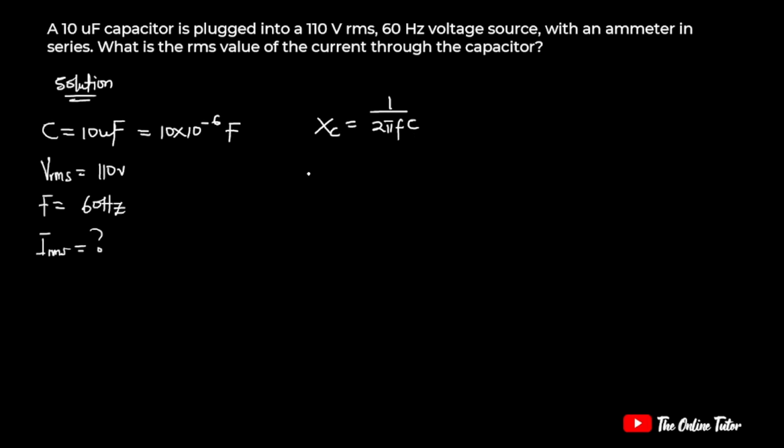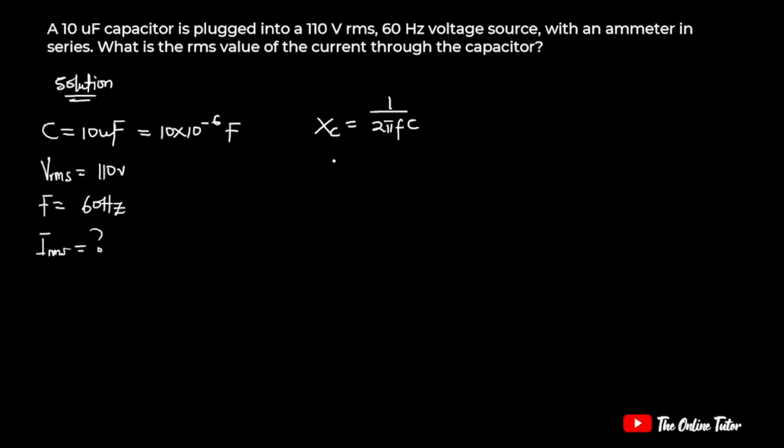I'll take that again. In a capacitive circuit where we have a capacitor, an ammeter and a power source, the opposition to the flow of current is what we call capacitive resistance, represented by XC, and it is given by the formula 1 over 2 pi fC, where C is our capacitance and f is the frequency in the system.